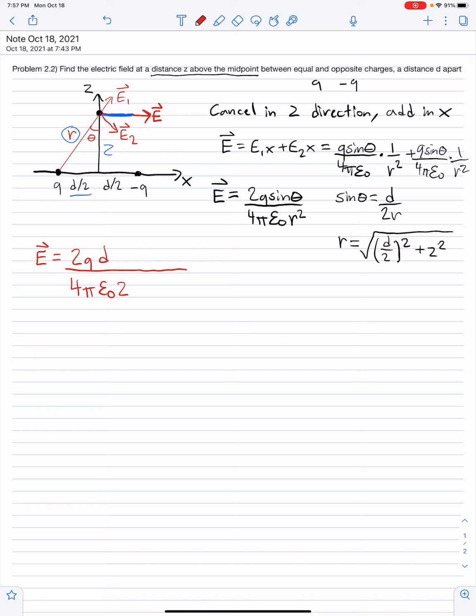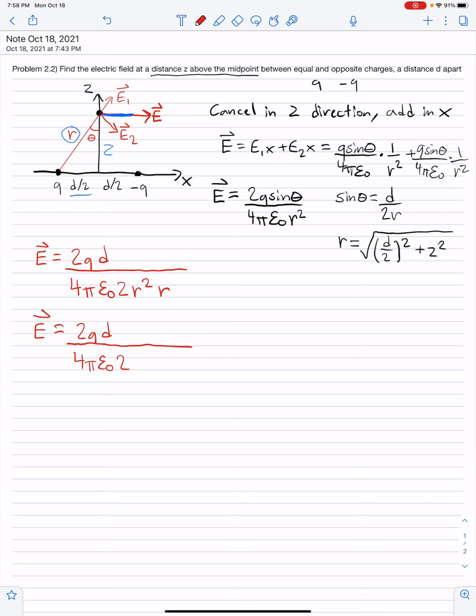Instead of putting r in, I'm going to say first that we have r squared times r, because I'll just keep it as r now, just to not make too many jumps in the steps. So we have r squared times r, which is r cubed. So then we can say electric field is equal to 2qd over 4 pi epsilon naught times 2.